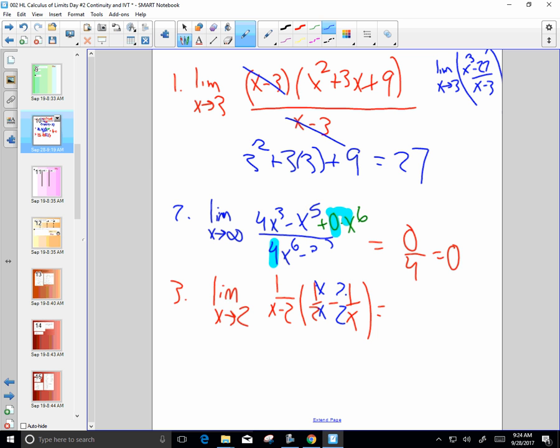And so this is going to be the limit as x approaches 2 of x minus 2 over x minus 2. That isn't mathematically working out here. 1 over x minus 2, x minus 2 over common denominator.